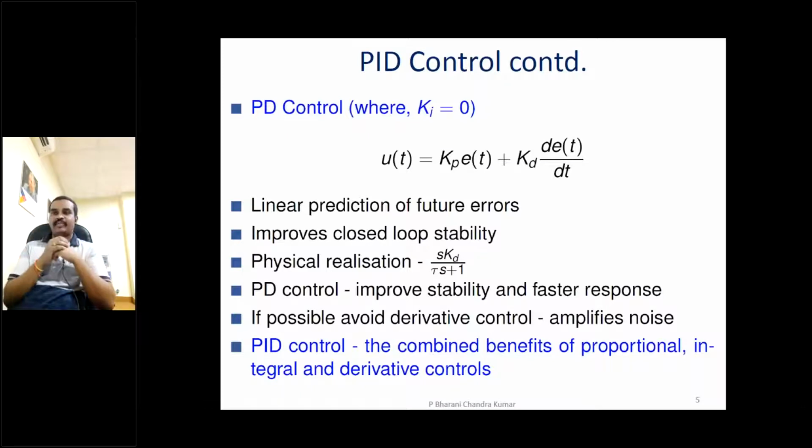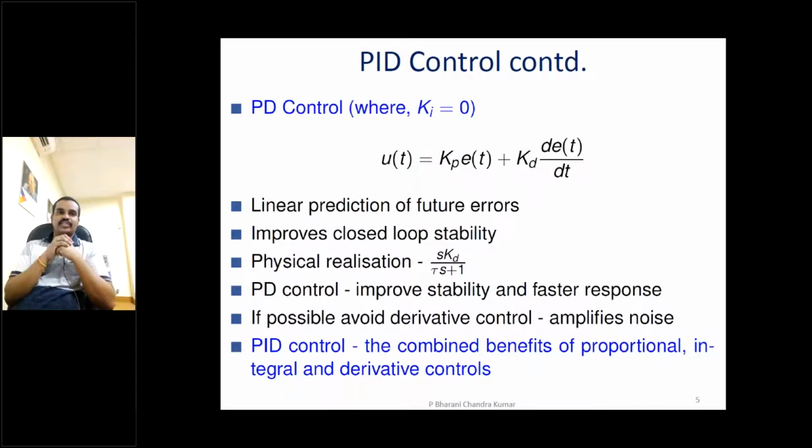You keep on changing the KP value until you get the oscillatory response. Oscillatory means a kind of sinusoid, and the gain for which you obtain this oscillatory response is called the critical gain, KCR. Whatever the frequency of the oscillations, we call it the critical frequency, and the corresponding time the critical time.